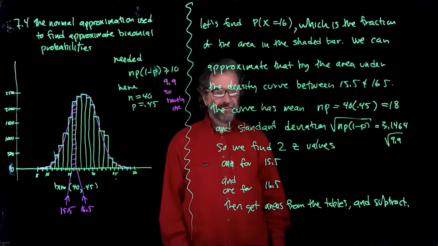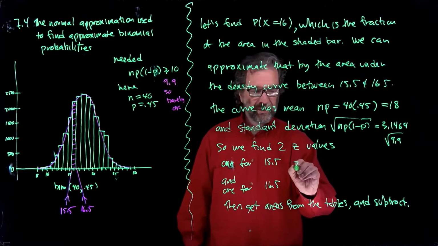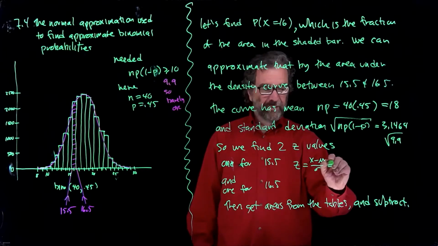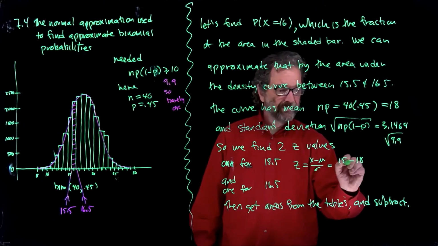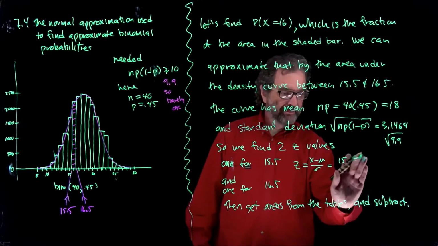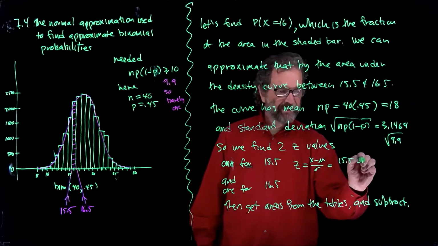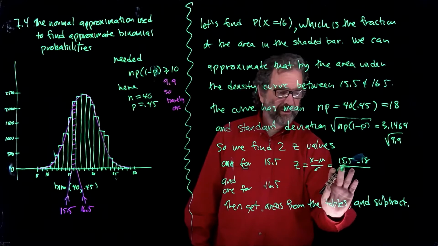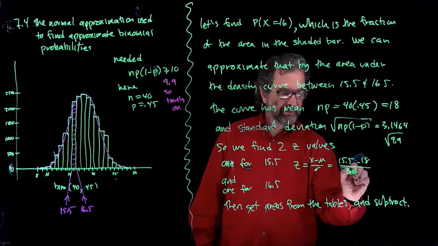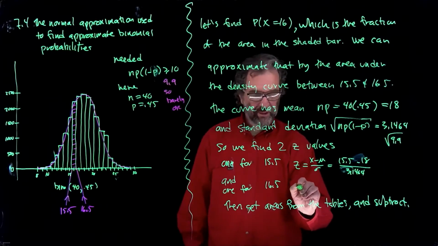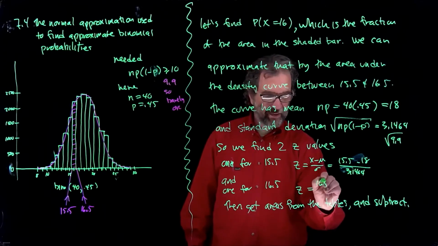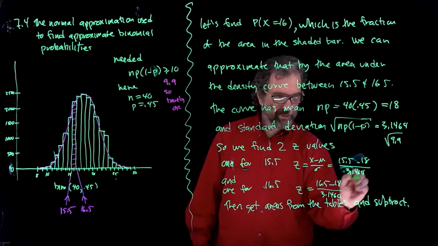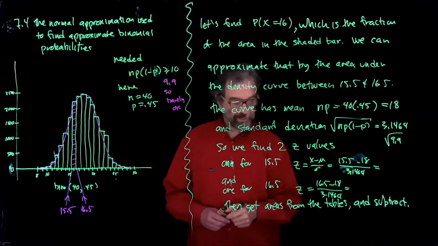Then we're going to find the Z values, one for 15.5 and one for 16.5. Z is x minus mu over sigma. So Z is 15.5 minus 18 over 3.1464, and the other is 16.5 minus 18 over 3.1464.